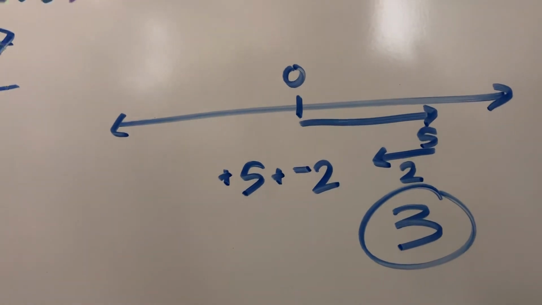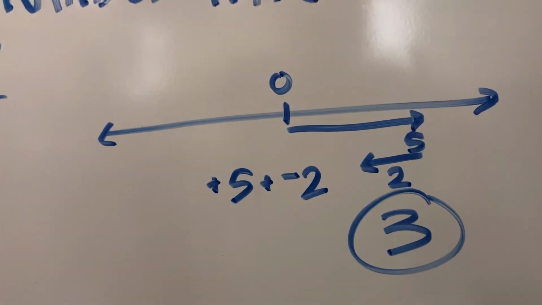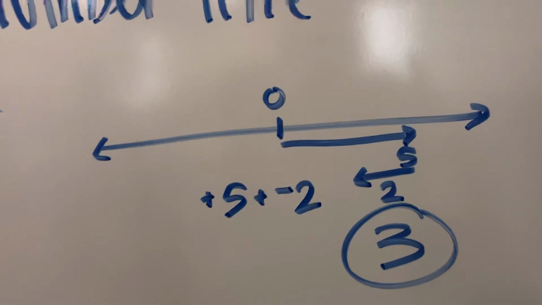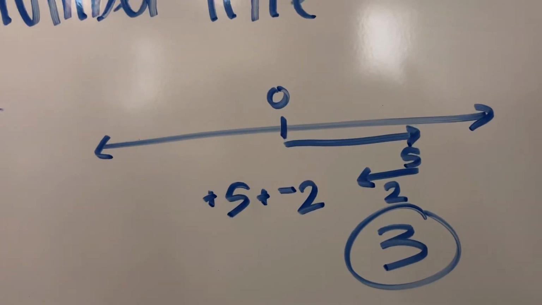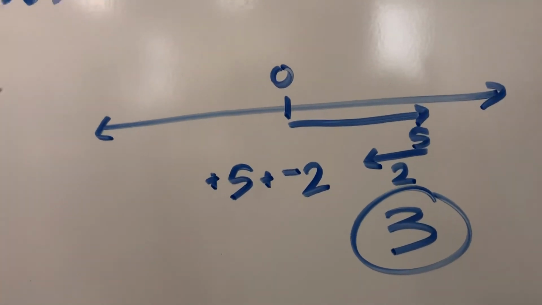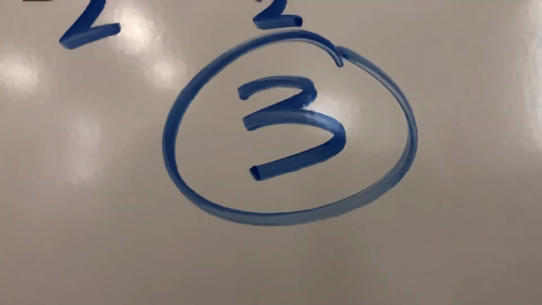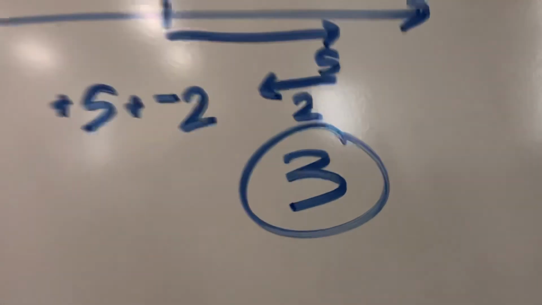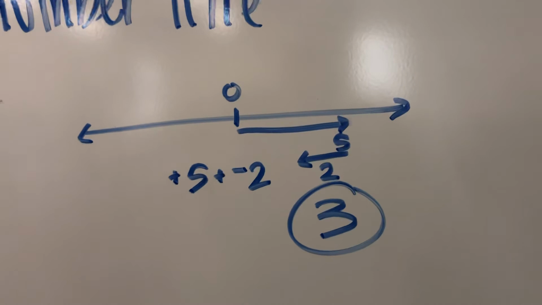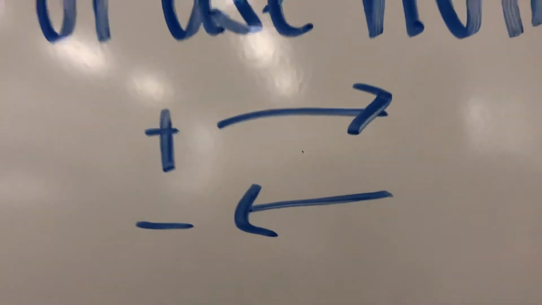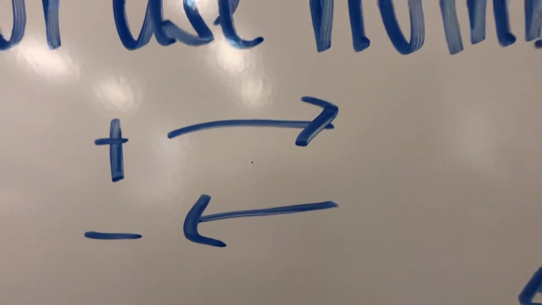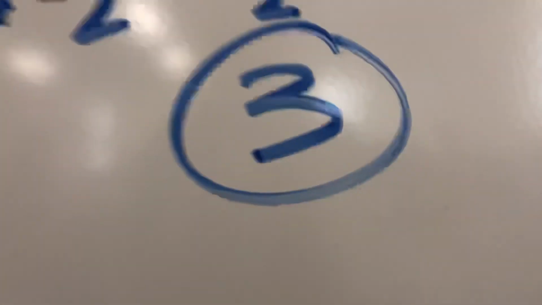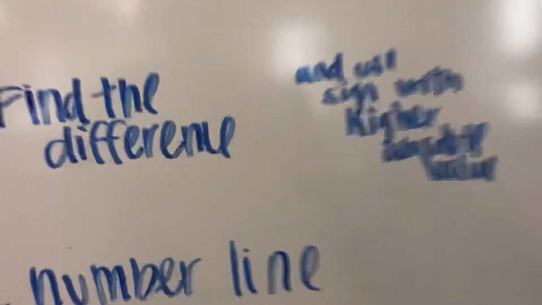For my positive 5, I'm going to go 5 to the right, and then from there, because I have a negative 2, I'm going to go 2 to the left, and that would bring me to that 3 spot. So our answer there would be 3. So if we're using the number line, keep in mind positive to the right, negative to the left, and wherever we end up, that would be our answer.